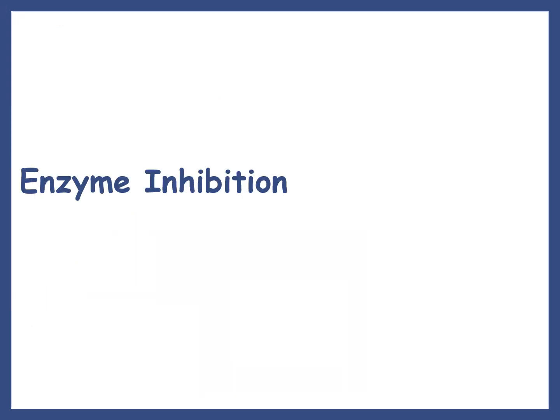Enzyme inhibition is a very important component of studying enzymes. A lot of our drugs are enzyme inhibitors, so it's really important how an inhibitor would affect our enzyme activity. Similarly, our body itself uses a lot of molecules as inhibitors of enzymes to regulate their activity.